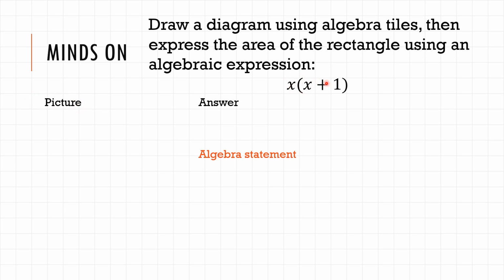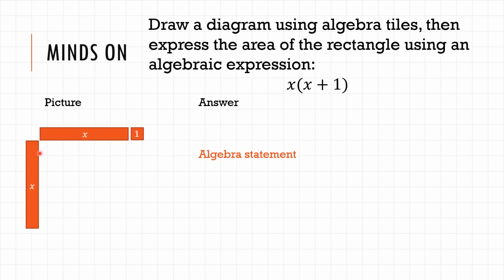So here we have x multiplied by, in the brackets, x plus 1. How would I draw that using algebra tiles? Well, because this is two things being multiplied, and because I know that a rectangle is also two things being multiplied, length times width, I'm going to draw a rectangle. One of these is going to represent the length, and one of them will represent the width. For example, this is what an x algebra tile looks like.